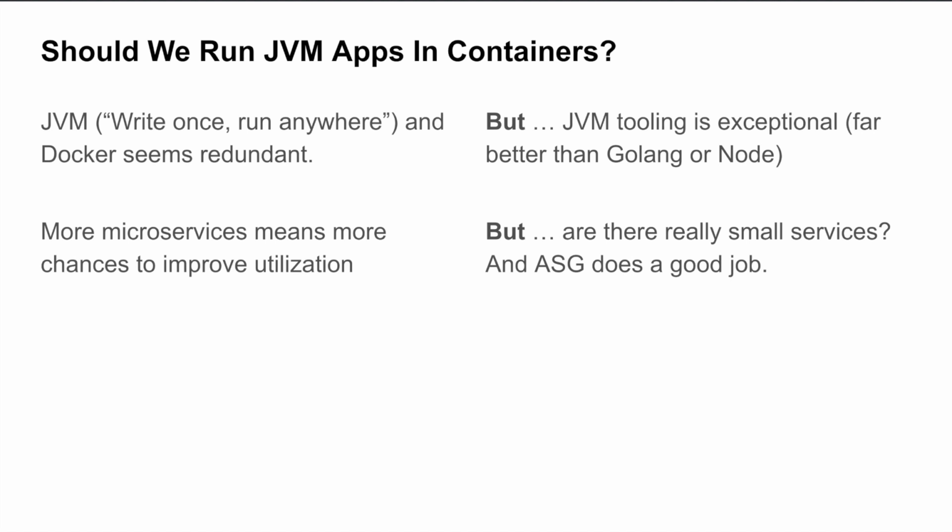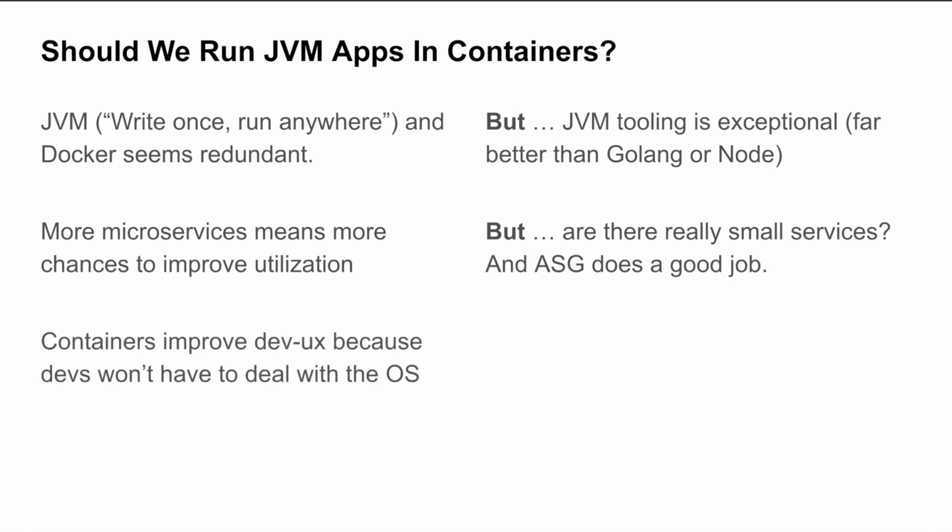And when you have something like autoscaling groups, a feature that's provided by AWS and Google Cloud, if you have autoscaling groups wrapping your virtual machines, then they already do a pretty good job at making sure your services are running efficiently. The third conclusion I came to was maybe containers would improve user experience because developers won't have to deal with the OS.